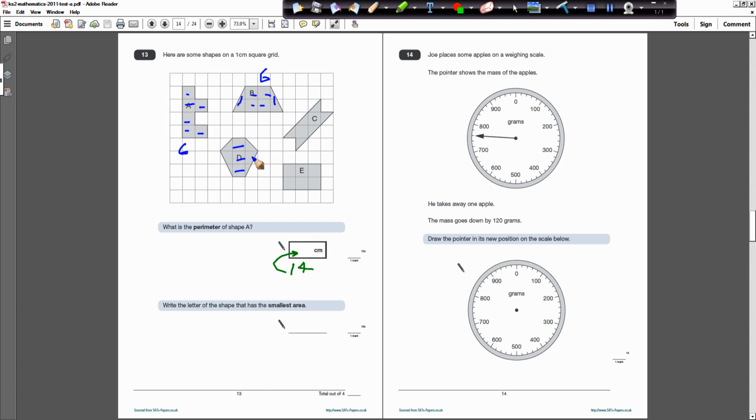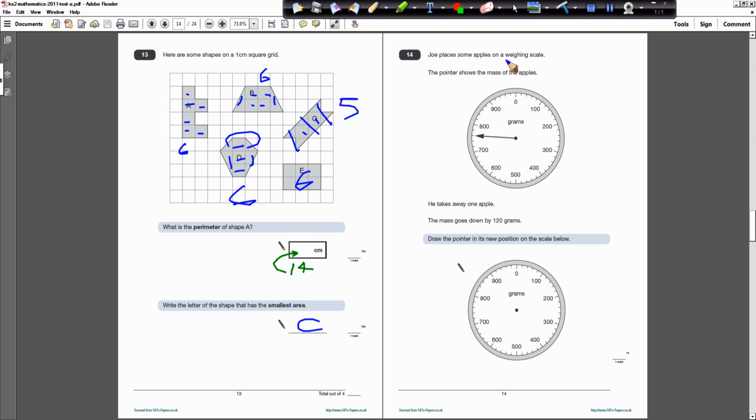Okay. These two make 1, 4. That makes 1, that's 5. And these two make 1, that makes 6. So far everything is 6. So we have 1, 2, 3, 4, and 5. So that's 5, and that one's definitely 6. You can see that's 6. So smallest area is which shape? C. Don't you see? The answer is C.